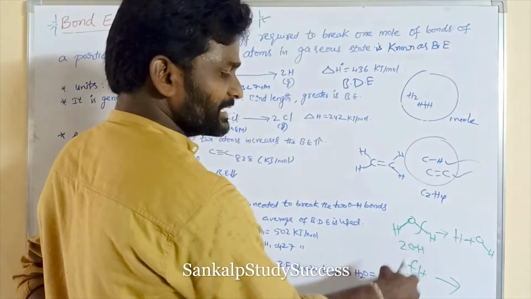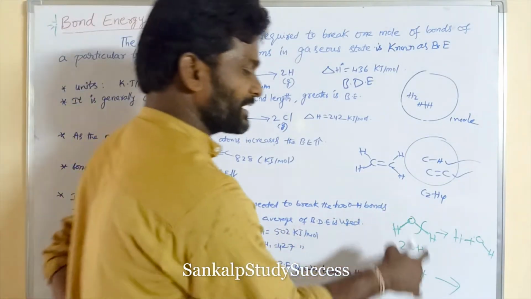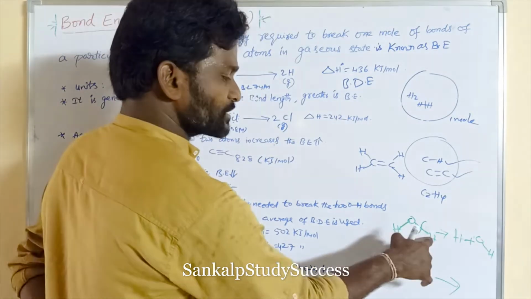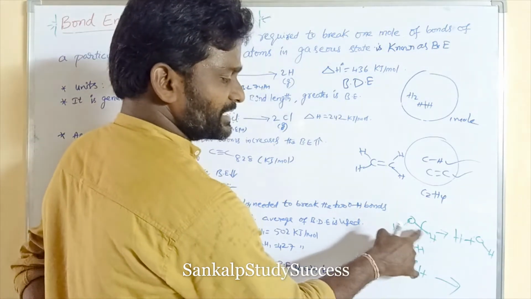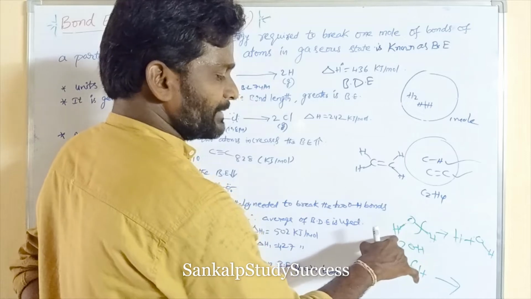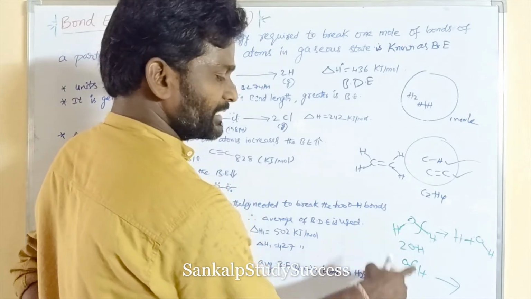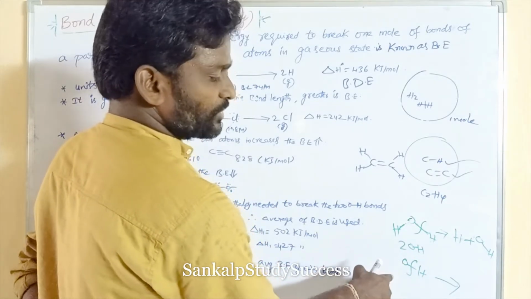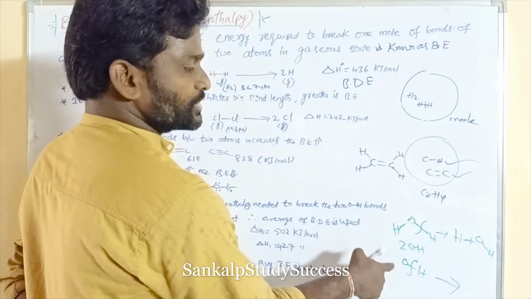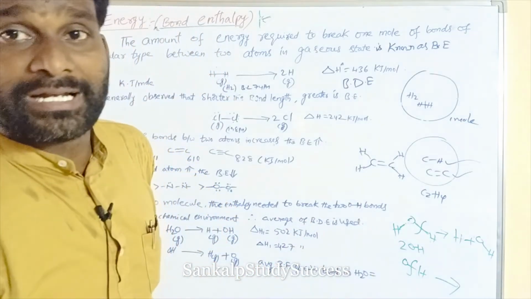So these two are present in different chemical environments. This is also an OH bond, this is also an OH bond, but in this OH bond, hydrogen is present nearby, but in this OH bond, hydrogen is not.